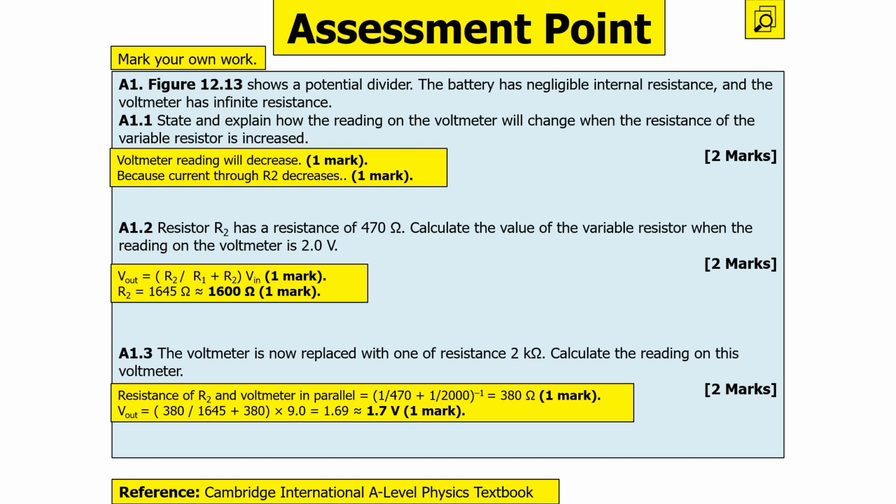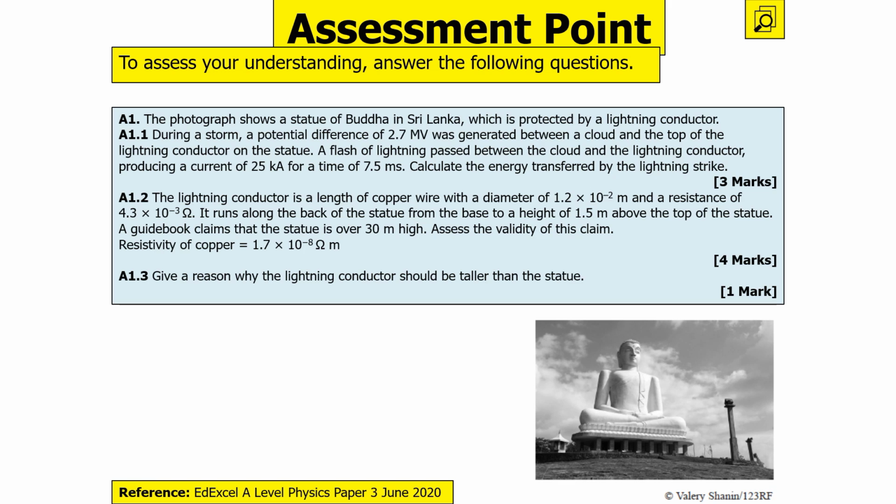Remember, when things go in parallel, the total resistance is always less than any of the individuals, so 380 ohms makes sense. We can then pop that into the potential divider equation. Remember, that's the wanted output, so it's 380 over the total times by the input, which is 9, which is 1.7 volts.